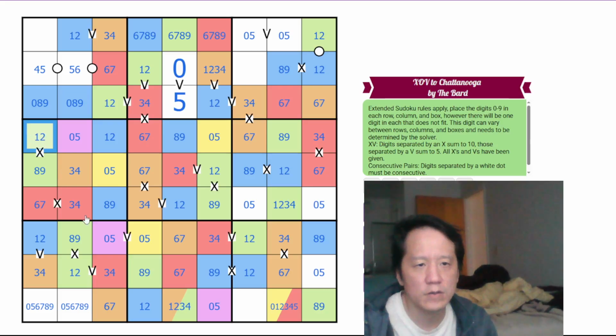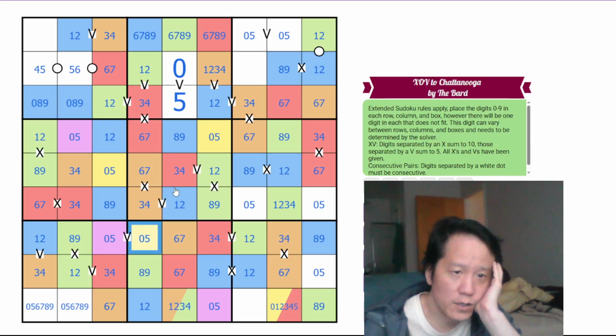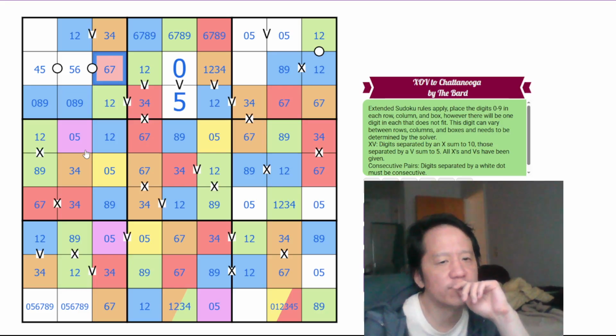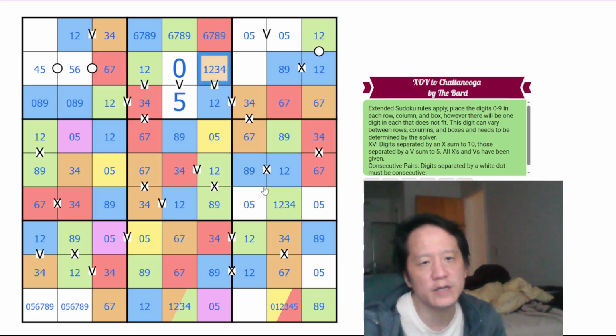Okay. If red is 4, obviously this is 4, 5, and 6. If red is 3, this would be 3. This would have to be 5 with 6 and 7. That's still possible. This cannot be 1 or 2.